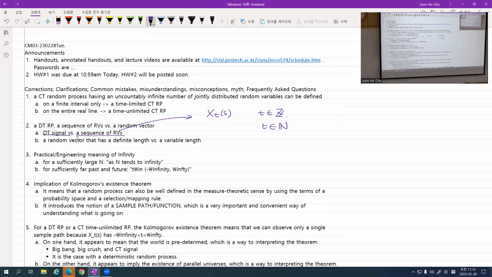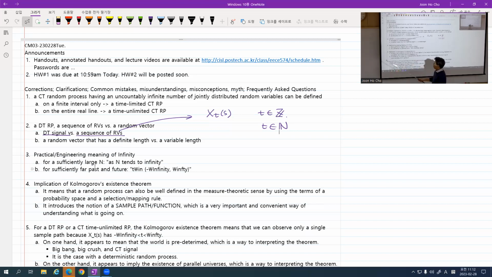So here motivates us kind of practical interpretation or engineering sense interpretation of infinity. That's what I want to say in the third part. So what do we mean by, for example, as n tends to infinity or as n goes to infinity in mathematics? How can we interpret as an engineer that kind of mathematical description or statement?